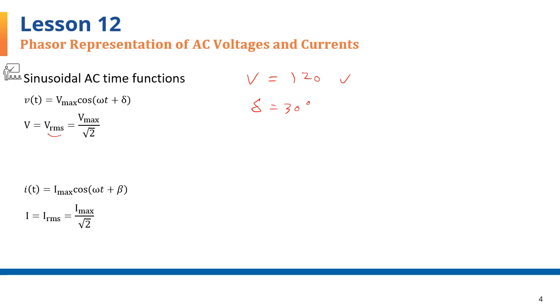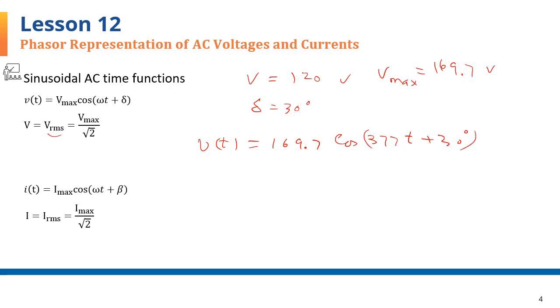I can calculate Vmax as square root of 2 times 120, which comes to 169.7 volts. And knowing that, I can write V of t equals 169.7 times cosine of 377t plus 30 degrees.